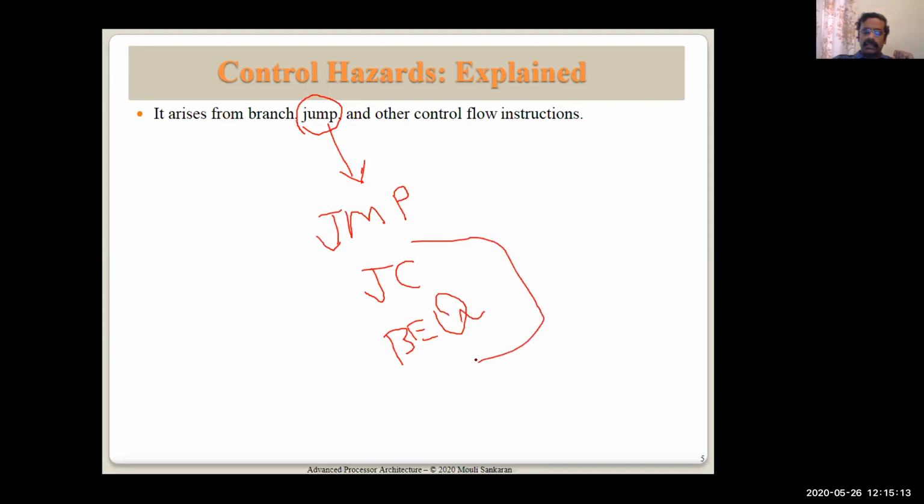Both are similar conditional jump instructions, but ARM calls it branch equal, checking the zero flag, whereas jump on carry is checking the carry flag. Jump on zero is one instruction in Intel. So these are all different instructions.